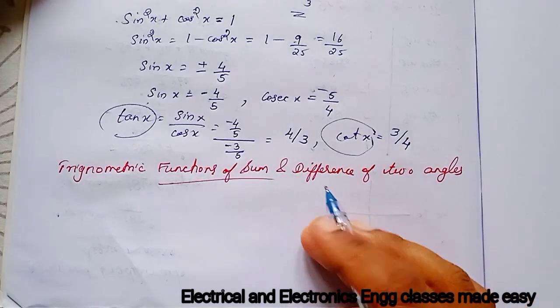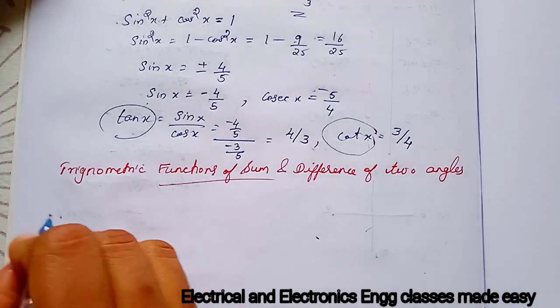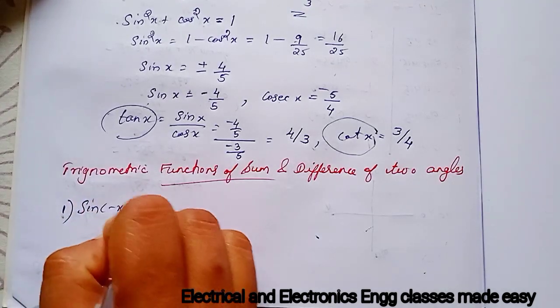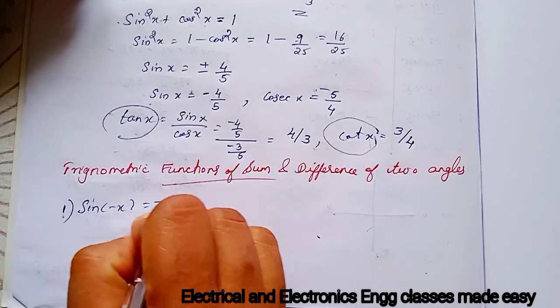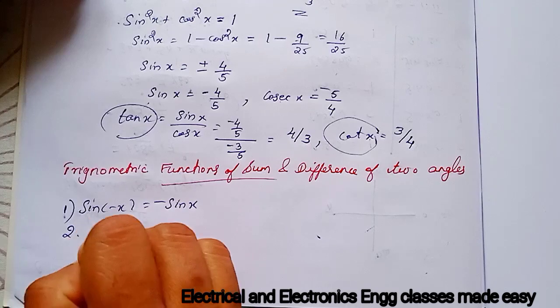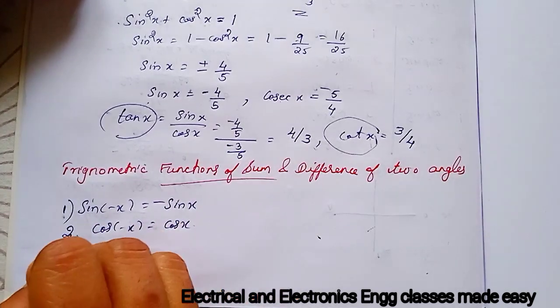Next is trigonometric functions of sum and difference of two angles. We have sine of minus x is equal to minus sine x, and cos of minus x is equal to cos x.